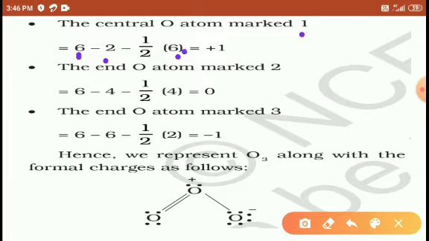Then we got the value plus 1, so that is the plus 1 charge developed here, right?